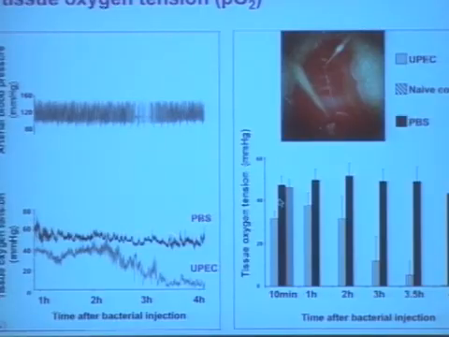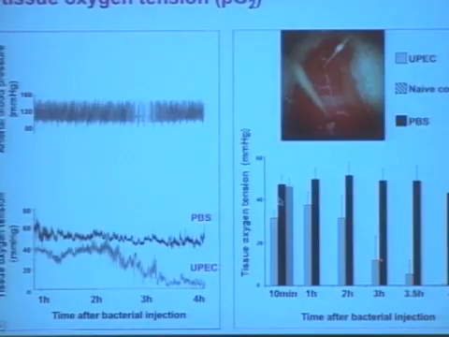And you notice that in the PBS injected one, the oxygen tension stays normal, while in the UPEC infected one, we get a rapid decrease, actually down to 0 millimeter mercury, while in the PBS injected, it stays at around 48 millimeter mercury.